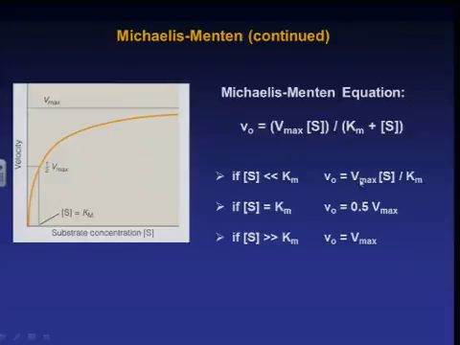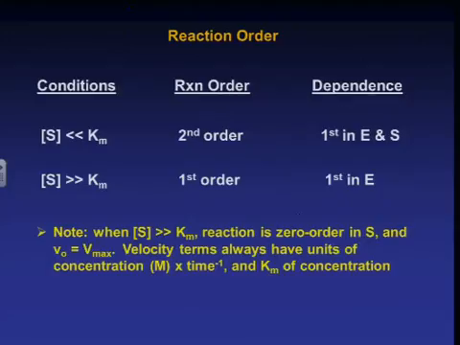All right? So you need to know what Vmax is. You need to know what Km is, and you need to know that as the substrate concentration is changing, the reaction order is changing. So if the substrate concentration is well below the Km, the velocity of that reaction, and we're talking about an enzyme-catalyzed reaction, is going to be dependent on what? It's first order with respect to the enzyme concentration, first order with respect to substrate, so it's second order overall.